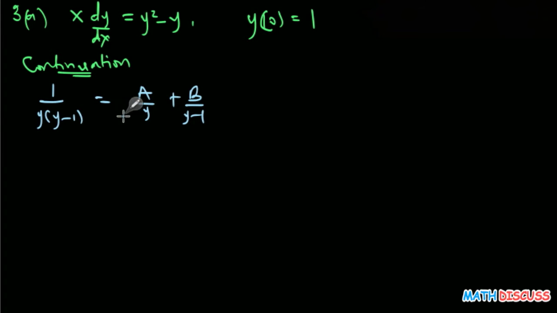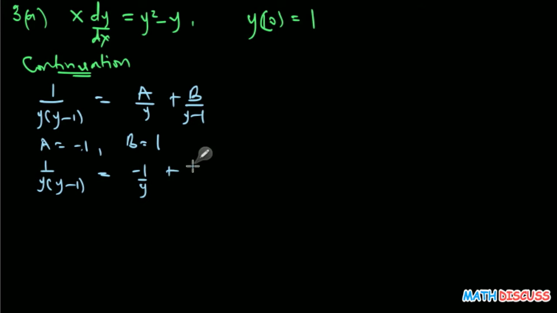In continuation, we obtain A equal to negative 1 and B equal to 1. So we're going to substitute these two values into this equation here. So you have 1 all over y into y minus 1 equals negative 1 all over y plus 1 all over y minus 1. And then we're expected to integrate both sides.